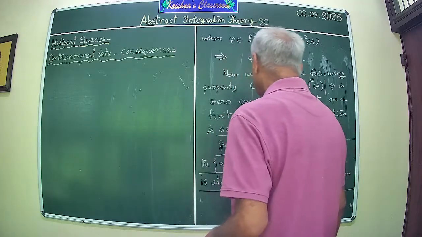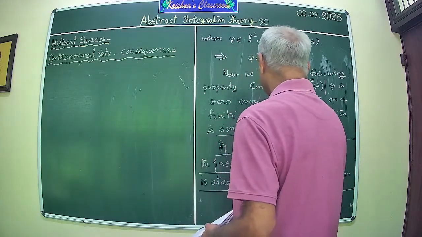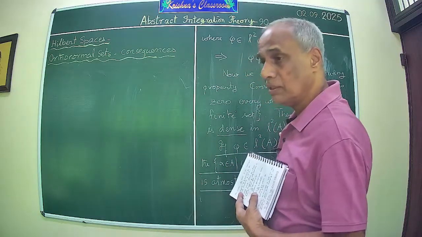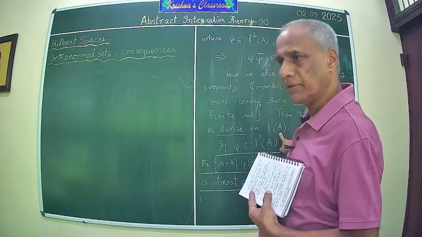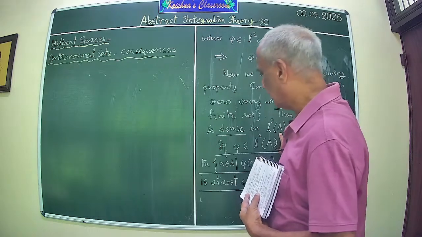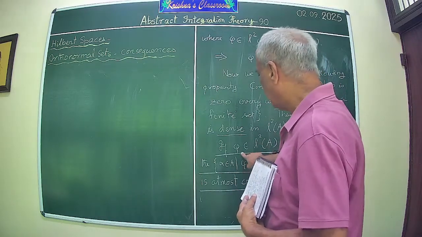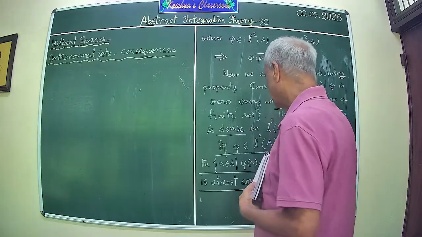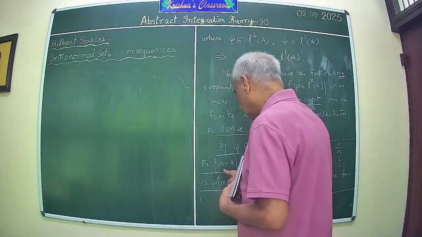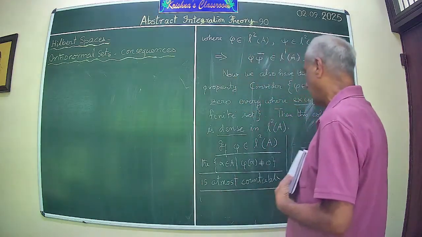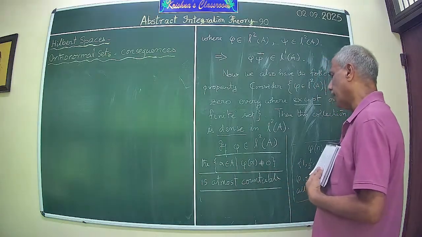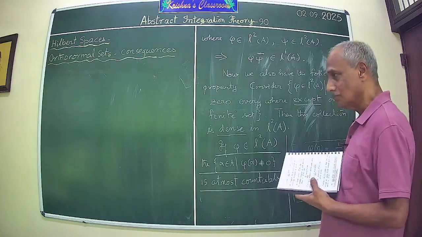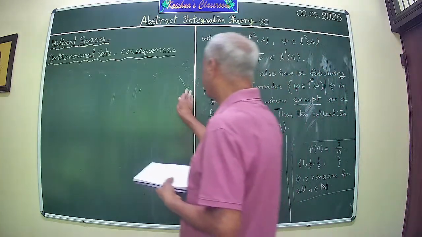Whenever you have an element of L2(A), whether A is countable or not, maybe even uncountable, such a phi belonging to L2(A) is non-zero at most on a countable set of points. That's an important result.